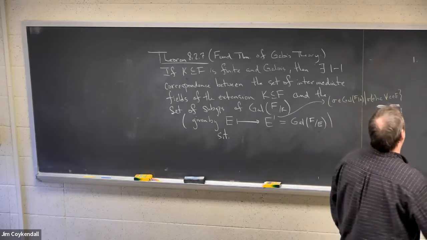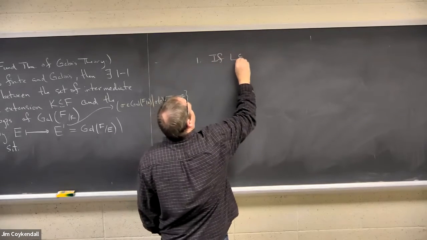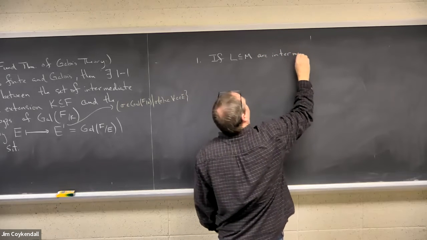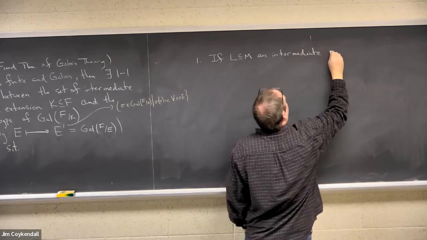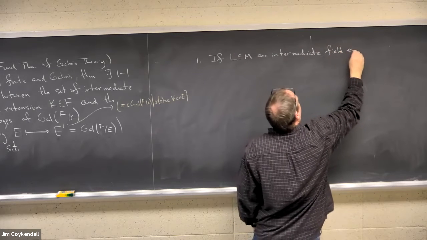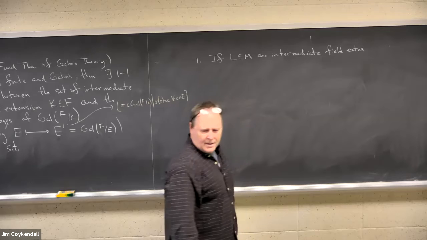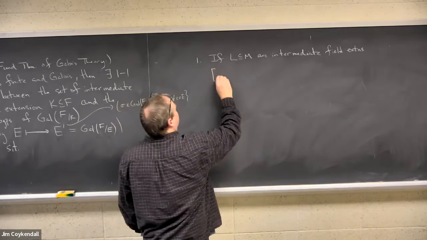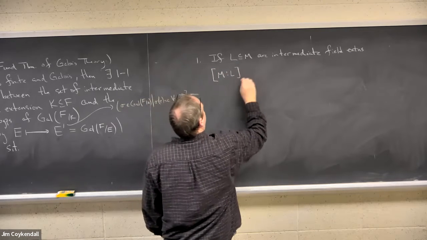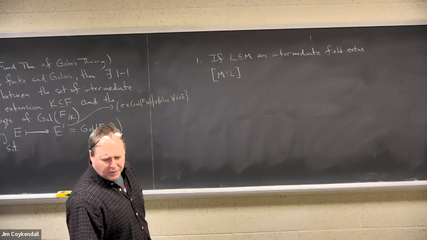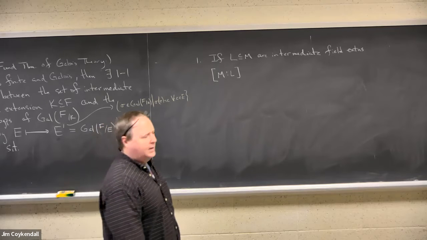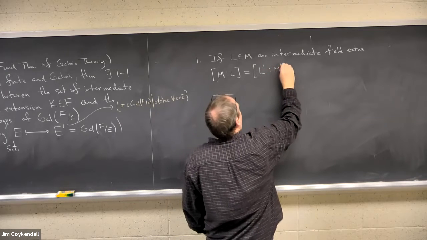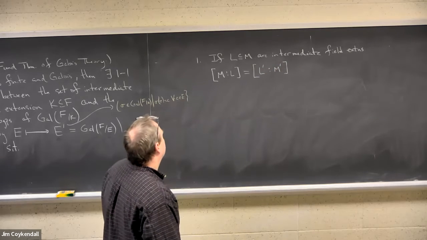If L and M are intermediate extensions, then the degree of M over L, so M is the bigger field, is equal to the index of the corresponding groups.